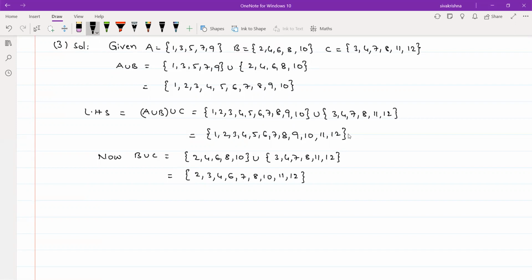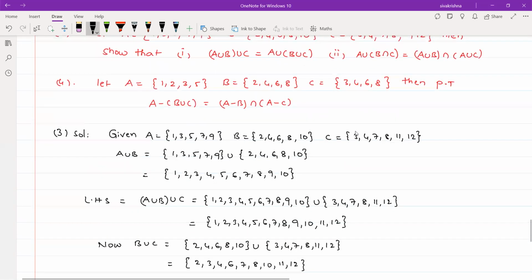Okay, after finding B union C, now we have to find the RHS value.